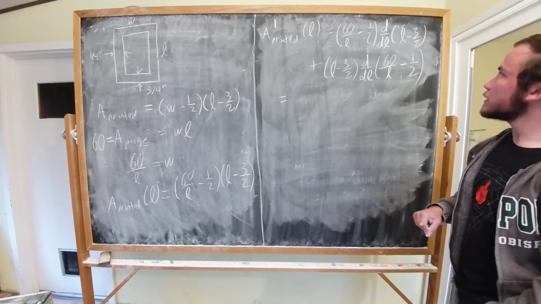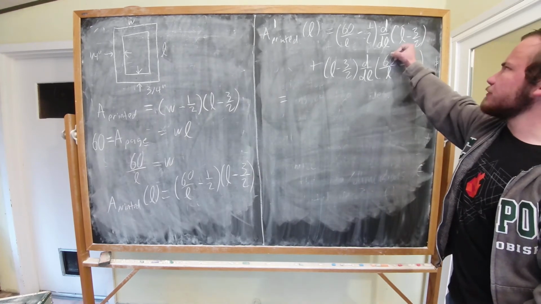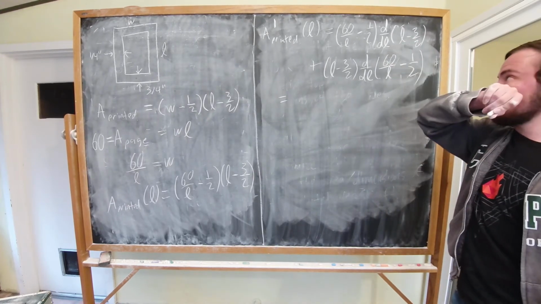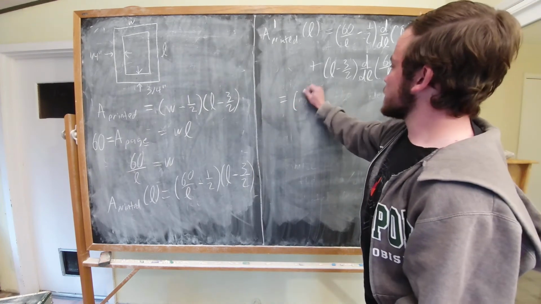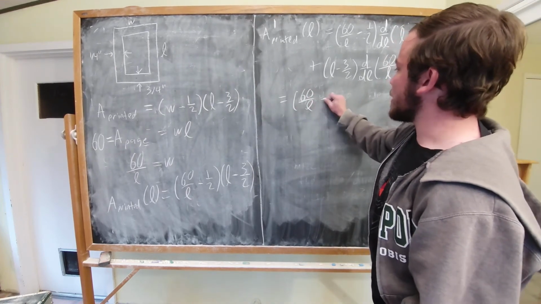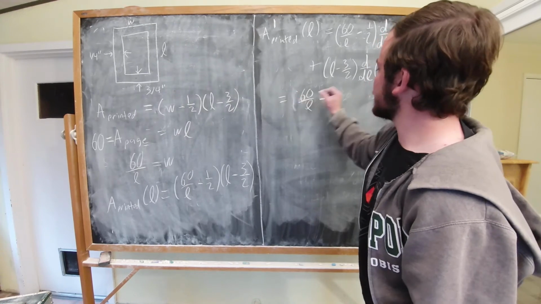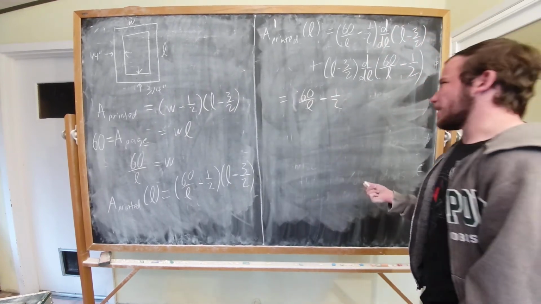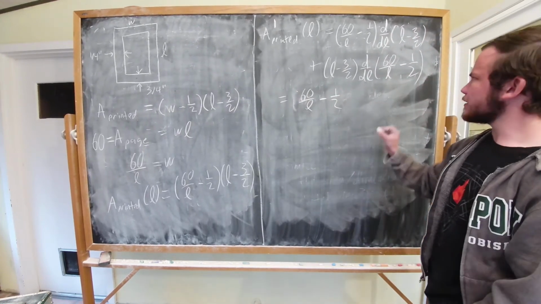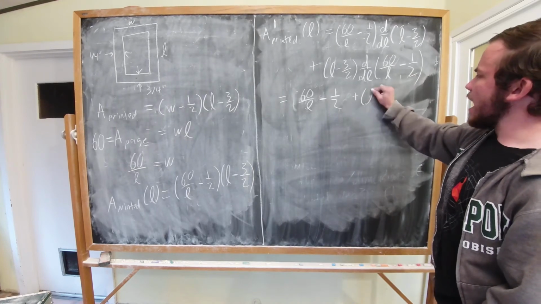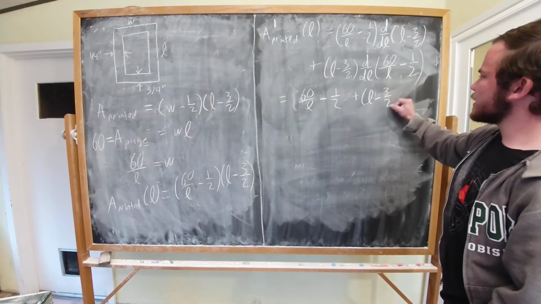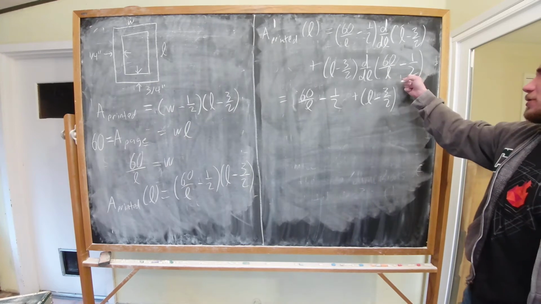Okay? Well, this is going to have derivative 1 by the sum rule. So this is just 60 over L minus 1/2, all times 1, so not even worth writing, plus L minus 3/2 times, okay, that's going to go to 0.